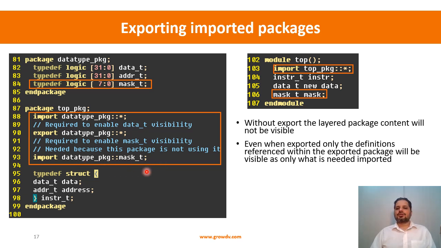Only when you do this, that particular type will be forced and become available in the namespace. When you do the star, only what you use becomes visible in the namespace. The rest of it doesn't become visible. So only after you add line number 93 code, then your mask_t mask will work. Okay, so packages are very privacy conscious, so you need to take care of it.